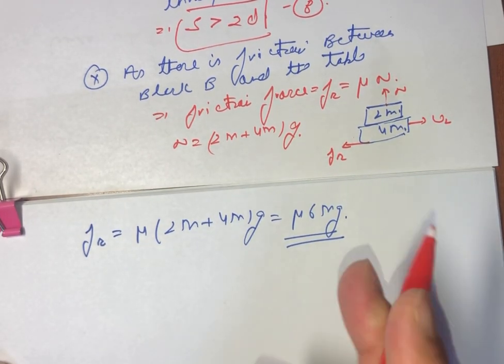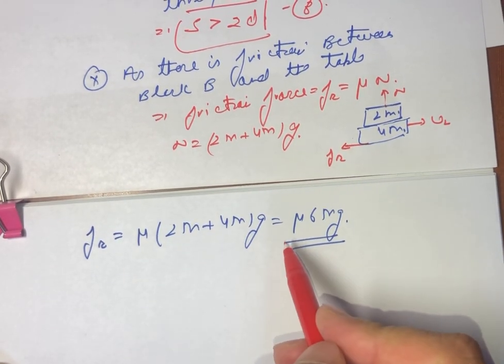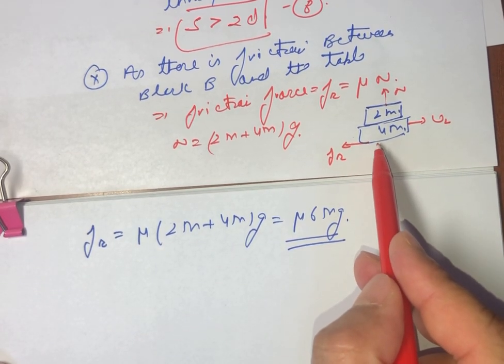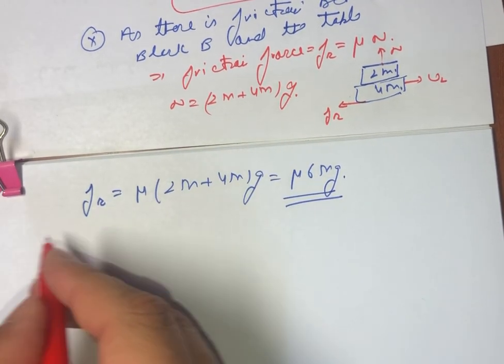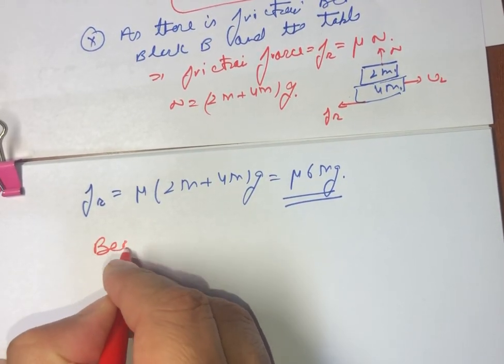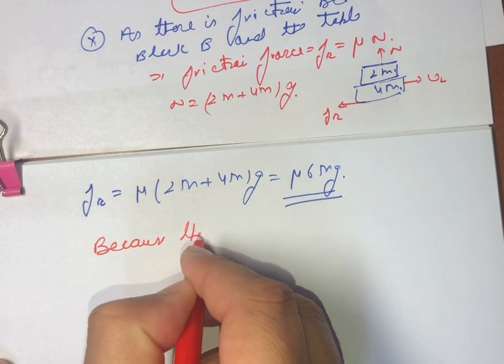Now, because of this frictional force, the block B will be retarding.